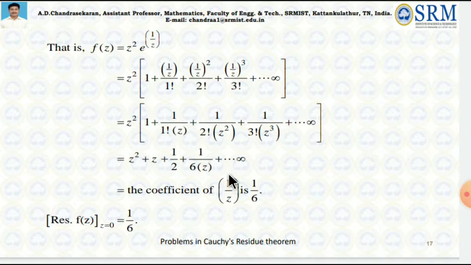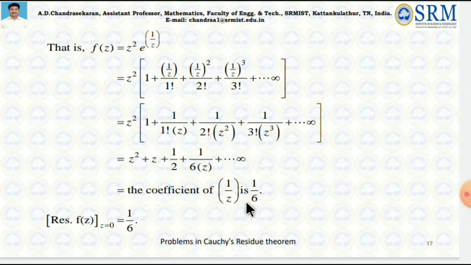What are they? If there are no terms in the principal part, it is called the removable singularity. If there are a finite number of terms in the principal part, it is called the pole. And if there are an infinite number of terms, it is called the essential singularity.